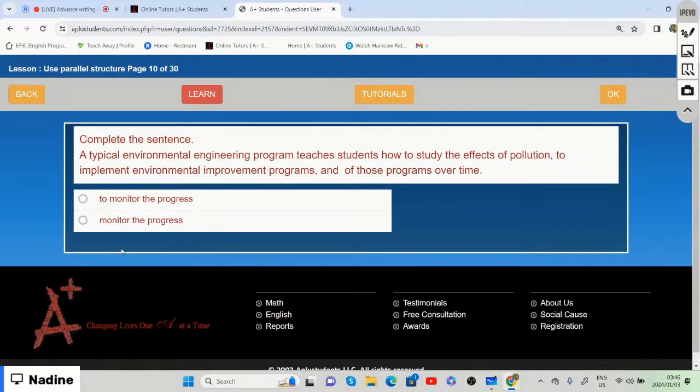A typical environmental engineering program teaches students how to study the effects of pollution, to implement environmental improvement programs, and can we say to monitor the progress of those programs over time? Or do we say "and monitor the progress of those programs over time?"